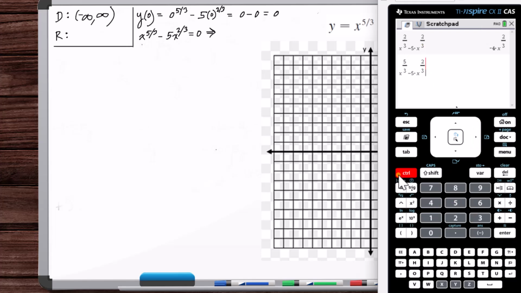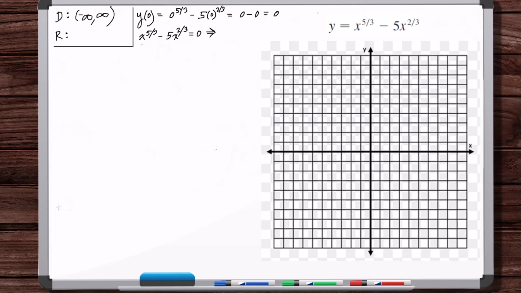No wait, that's not right at first, but yes: x to the 5/3 minus 5 times x to the 2/3. We're going to store this as e. Now we want to solve for when e is equal to 0 for x. x is equal to 0 or x is equal to 5. That's the two x-intercepts.